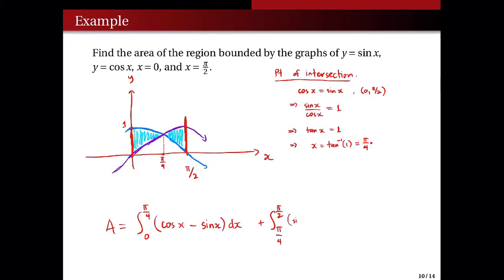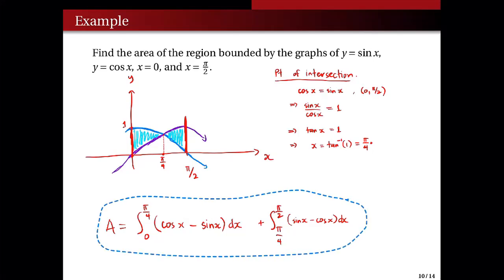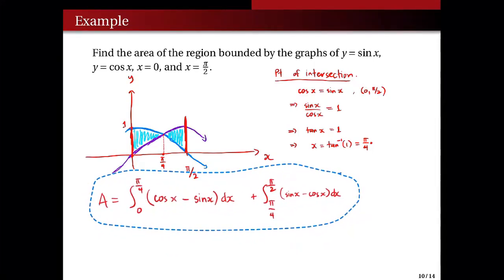So this time we have sine x minus cosine x dx. So if I ask you to set up only the definite integral, you'll stop your answer at this point, just the setup. But for this discussion, we'll calculate the actual area.